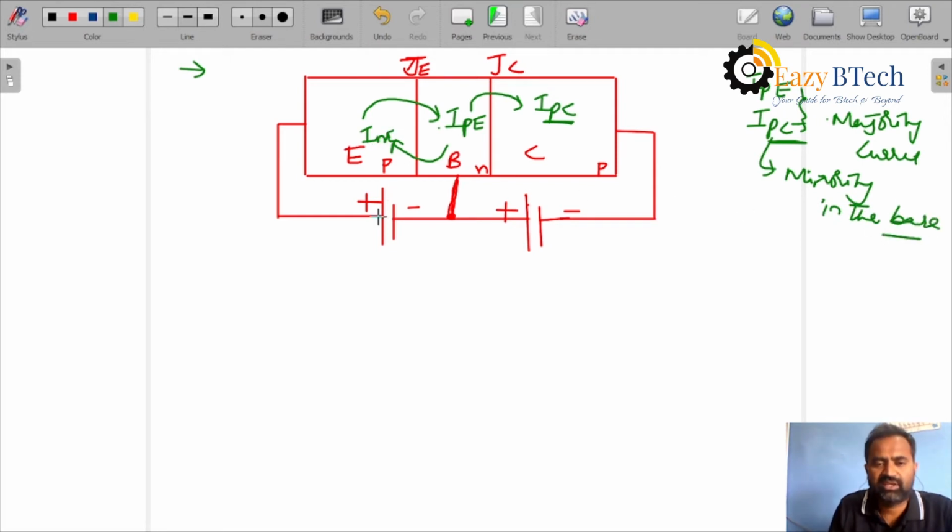Now you can see clearly that during the forward bias, these are all forward bias currents.